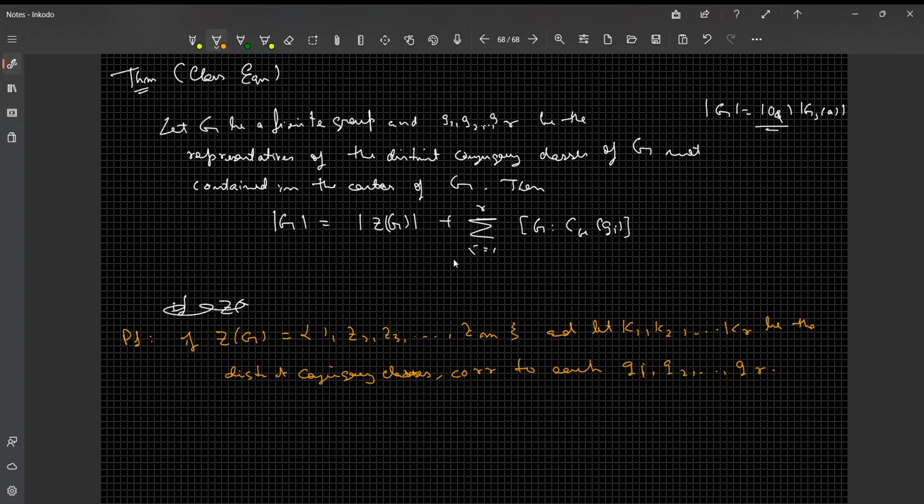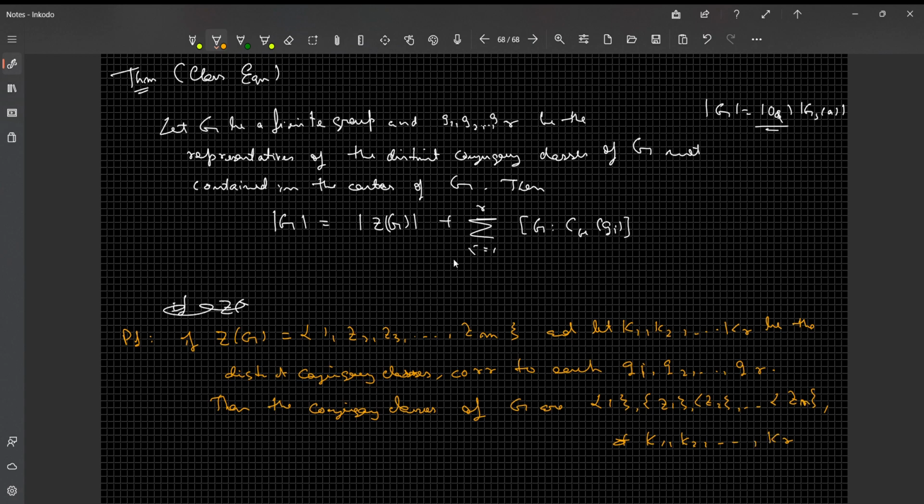Clear? Then the conjugacy classes of G are basically singleton sets of all these elements, 1, z1, z2, so on till zm, plus each of these conjugacy classes, K1, K2 till Kr.